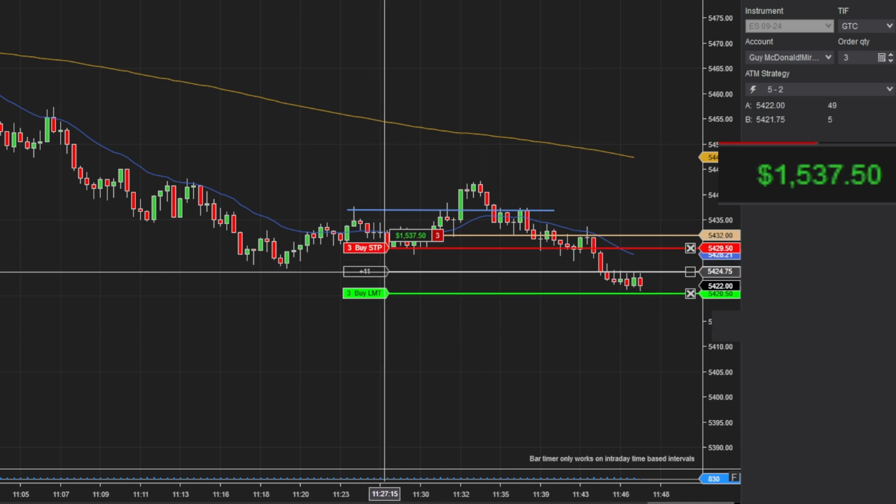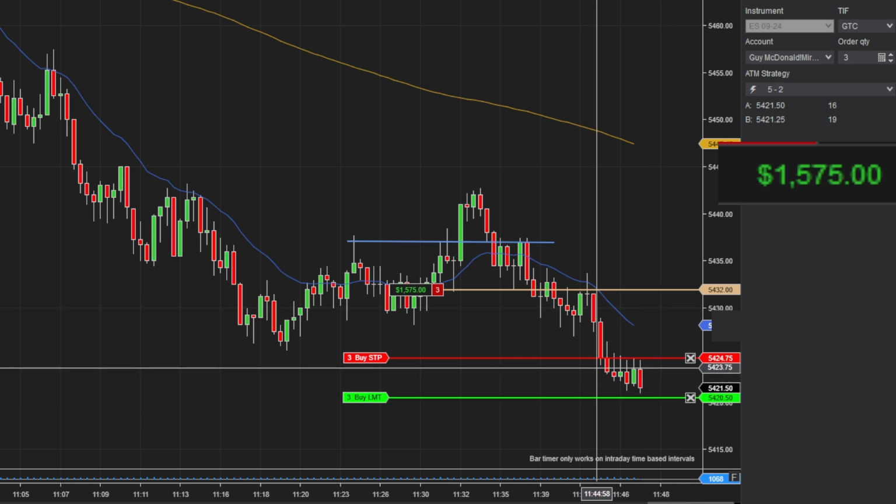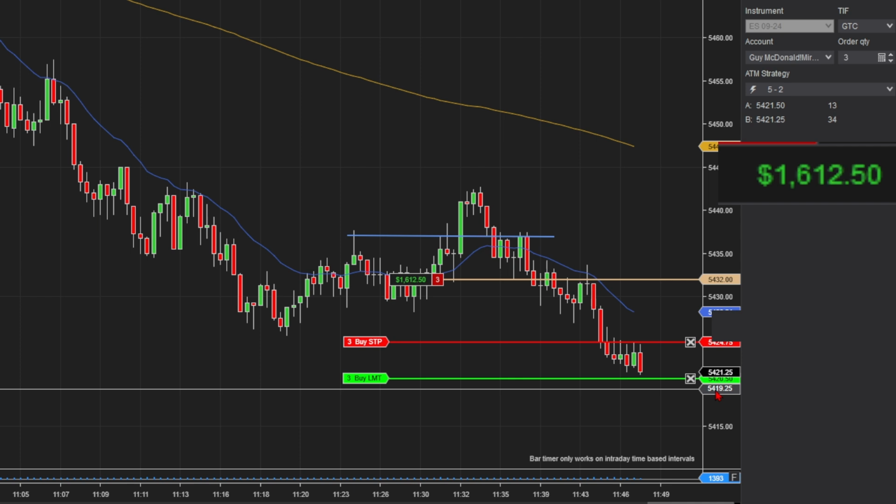All right, like I said, I was going to move my stop pretty close. If we get like one tick away like that, then I want that stop to be pretty close.